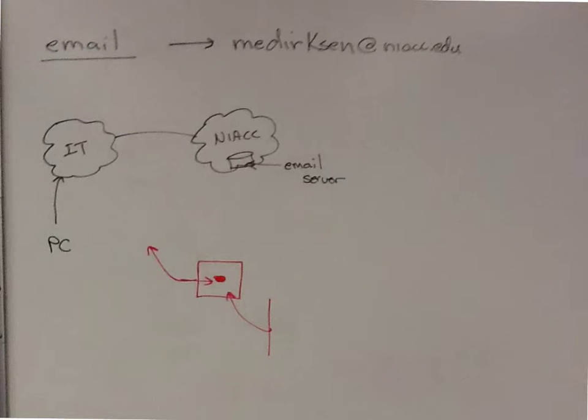So, one last thing to mention, we talked about a couple things in terms of email. We looked at a PC. We went out and got some email off an email server, and we brought it back in.